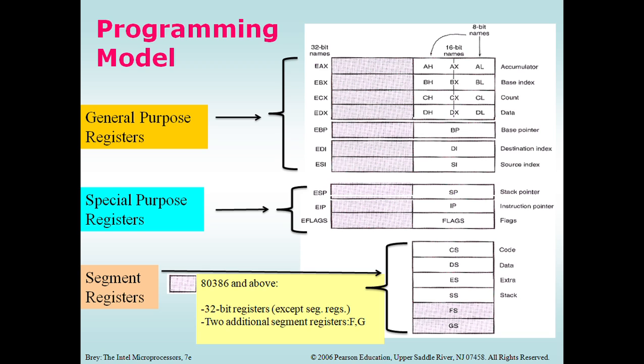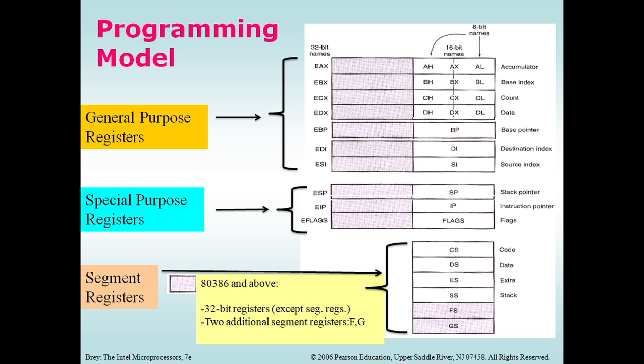In the 8086 and 8088 microprocessor, the accumulator is a 16-bit register. This 16-bit register can be accessed as an 8-bit register as well as a 16-bit register.